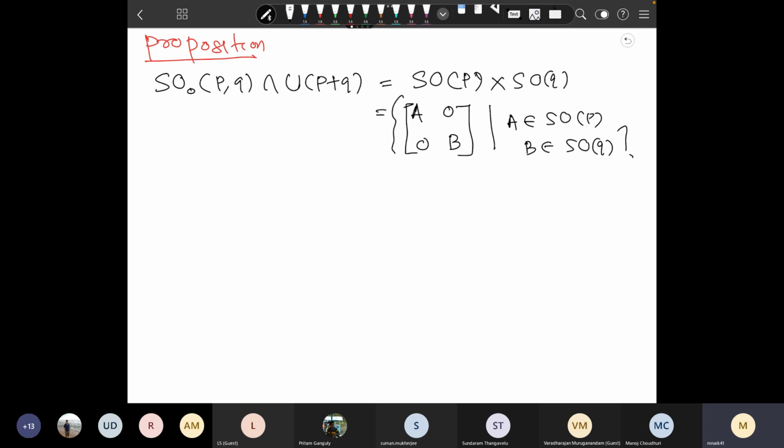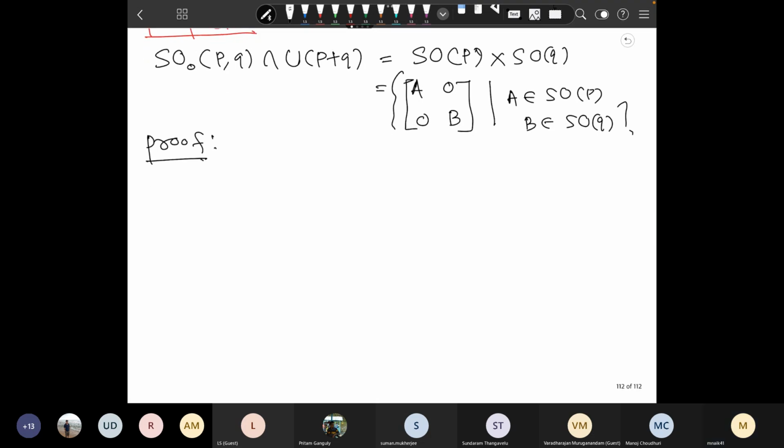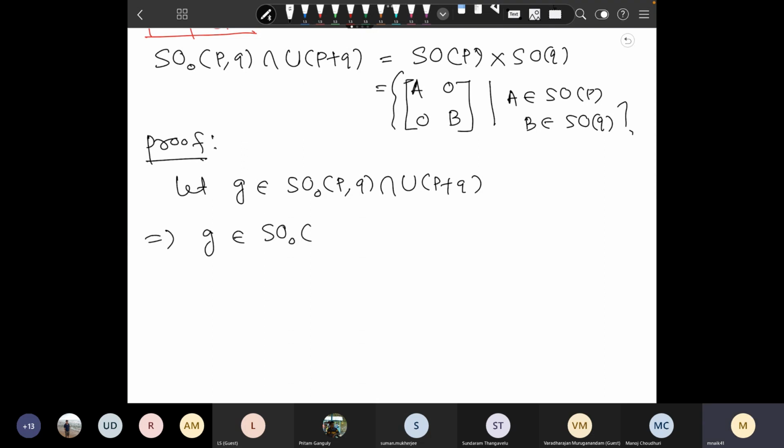The proof is very clear actually. Let g belong to SO naught P comma Q intersection UP plus Q. Now I have shown that this implies g belongs to SOP comma Q intersection UP plus Q, and this was really SOP cross OQ.